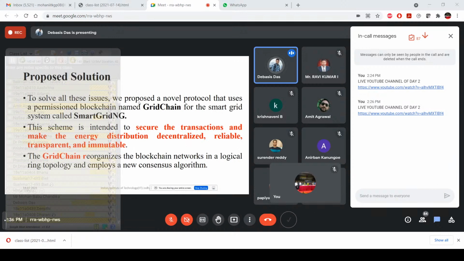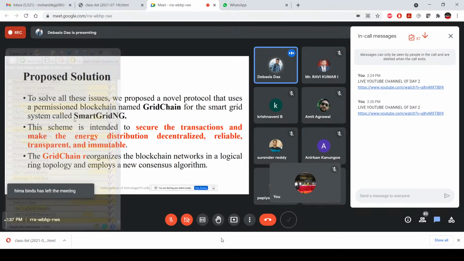So our concept is that the whole infrastructure is known as smart grid NG, and inside the smart meter we create one blockchain based protocol, a modified blockchain, which is grid chain.